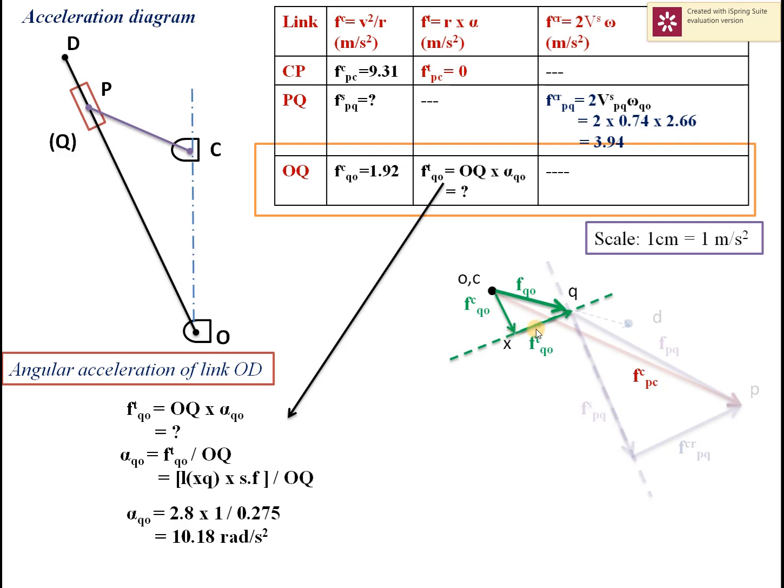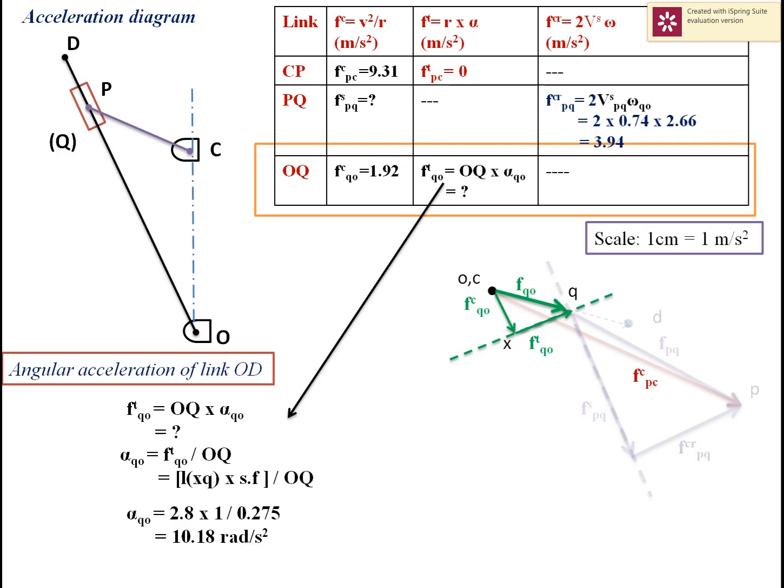Length of vector XQ is 2.8 centimeters into scale factor 1 divided by radius of rotation OQ, which is equal to 0.275 meters. This gives alpha QO is equal to 10.18 radian per second square. So angular acceleration of link OD or OQ is 10.18 radian per second square in magnitude.